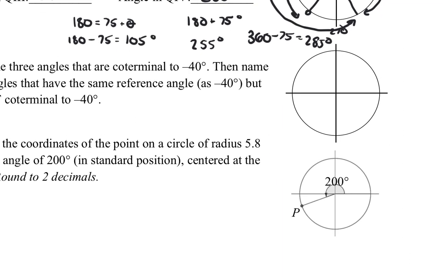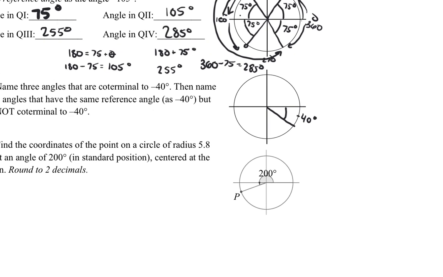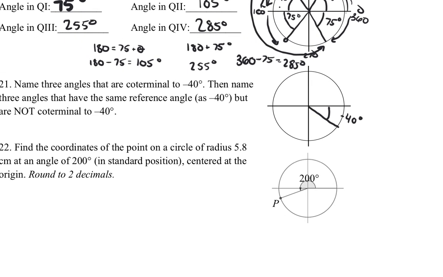So we're going backwards 40 degrees, which puts us around here-ish. Right, and we have to name 3 angles that are coterminal. So that means we're going to find 3 angles that go around the same amount on the circle and we're going to end up right here.